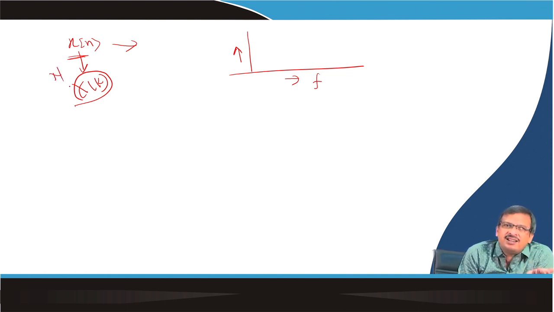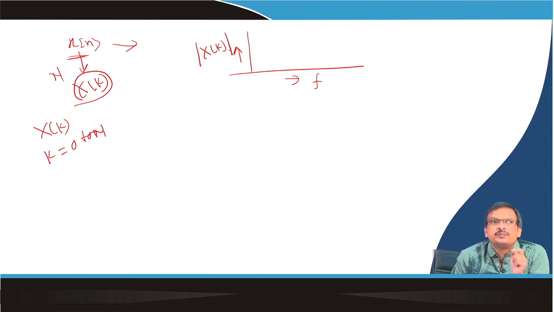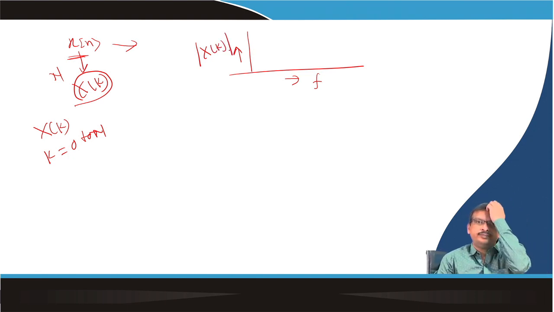Once I do that, I get x of k, where k varies from 0 to N. I want to draw the plot: the x axis will be frequency, and the y axis will be the mod of x of k. This you have to do by hand.